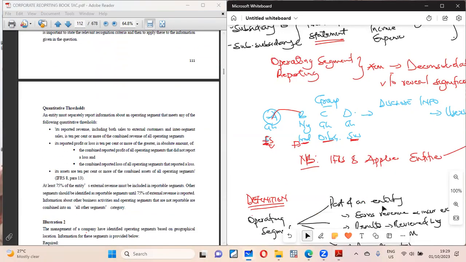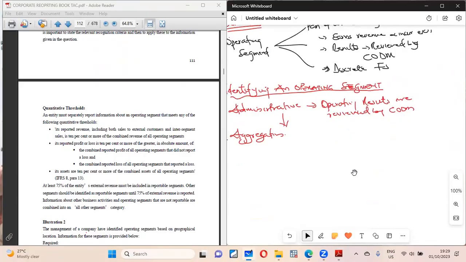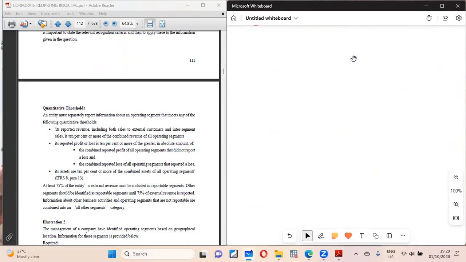Now the quantitative approach is tricky. It's very, very tricky, and you need to listen carefully. So how do you identify? We use the quantitative approach. That one you need to bring in your calculator. How do we see an operating segment?